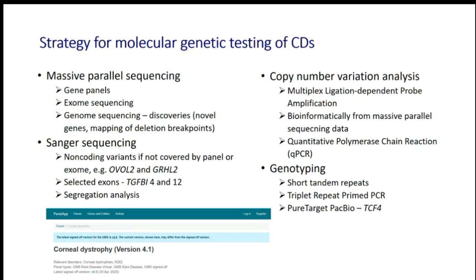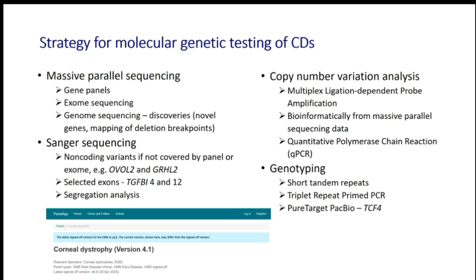For example, as I already mentioned, the most common are TGFBI corneal dystrophies, and most of the mutations are located in exon 4 and exon 12. So by screening just these 2 exons, you may have a fairly good yield of identification of the molecular genetic cause.